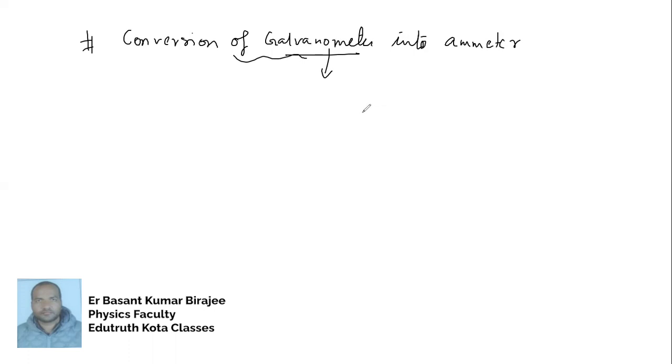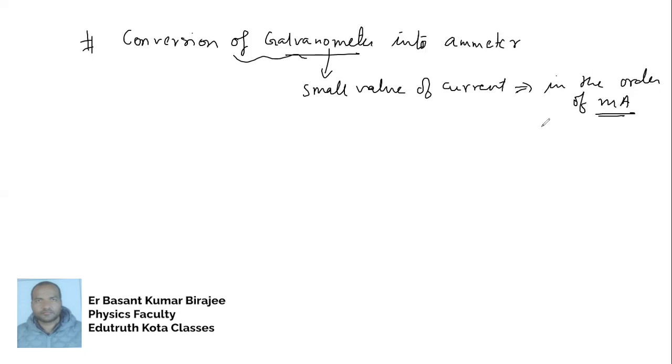So you can measure only a very small value of current, in the order of a few milliamperes only. We can't measure a large value of current using a galvanometer.